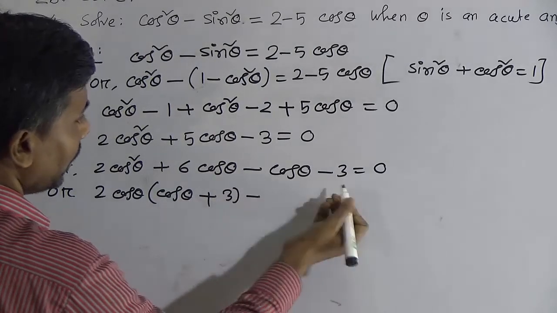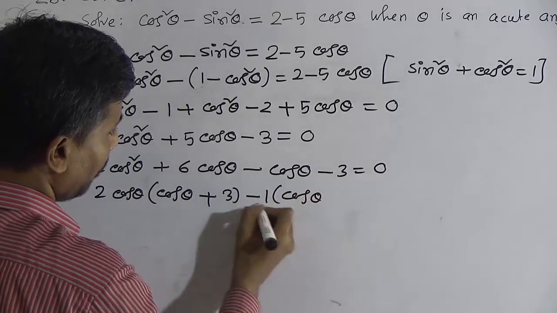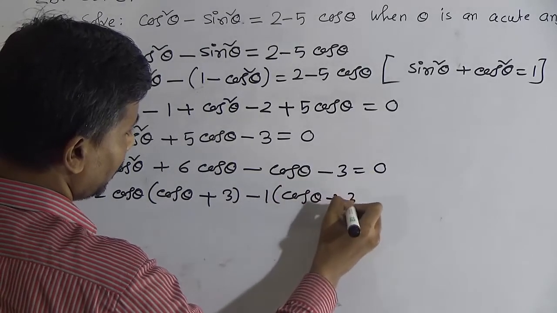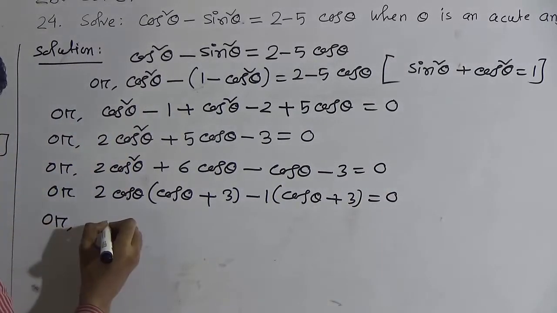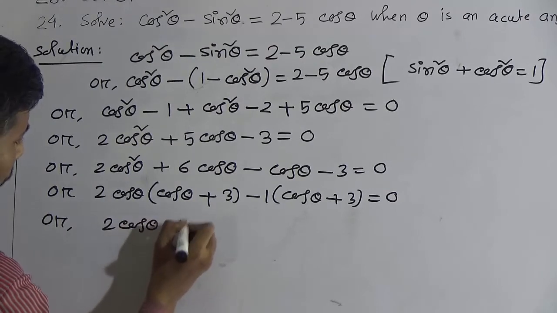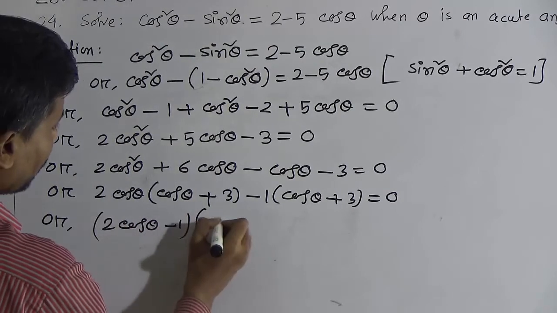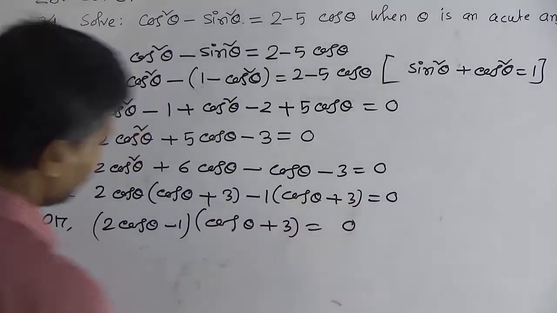Minus 1 is common, so 1 times cos theta plus 3, minus with minus, that means plus. This is equal to 0, or 2 cos theta minus 1 times cos theta plus 3 is equal to 0.